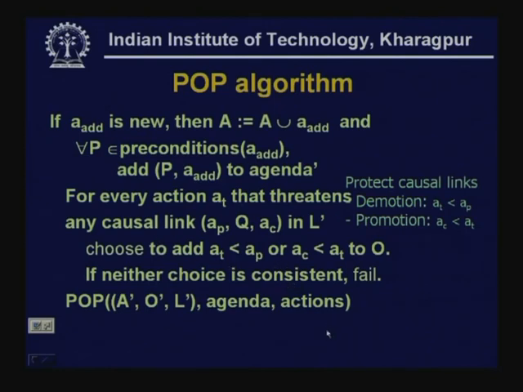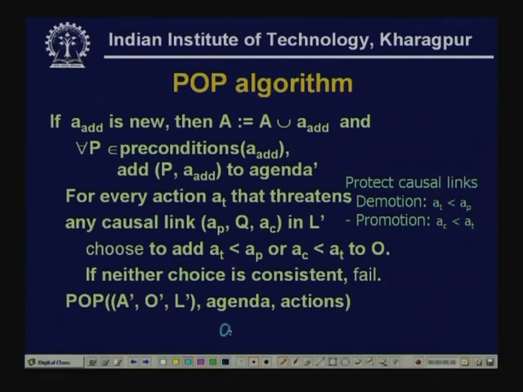Suppose we find that there is a causal link from AP to AC on Q, and if we find that there is an action AT which threatens AP and AC, we say AT must occur before AP or AT must occur after AC. If they are not consistent, then we fail. And then we recursively call POP on the action list, on the causal link list, and on the goal list.